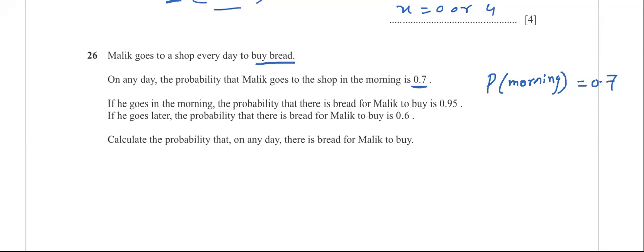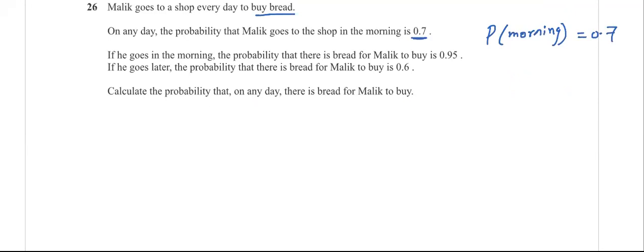If he goes in the morning, the probability that there is a bread for Malik to buy is 0.95. If he goes later, the probability that there is a bread for Malik to buy is 0.6. Calculate the probability that on one day there is a bread for Malik to buy.